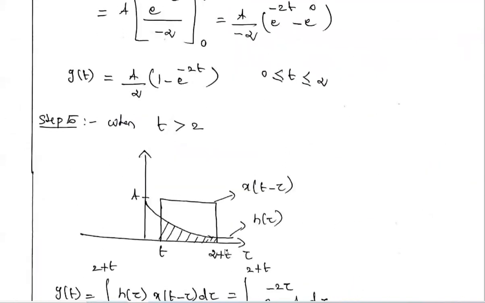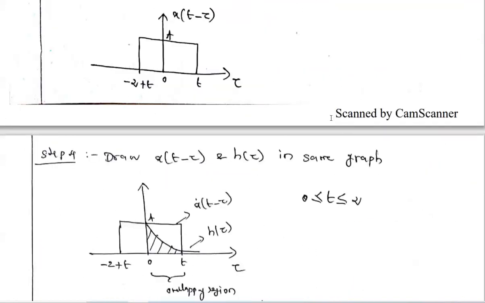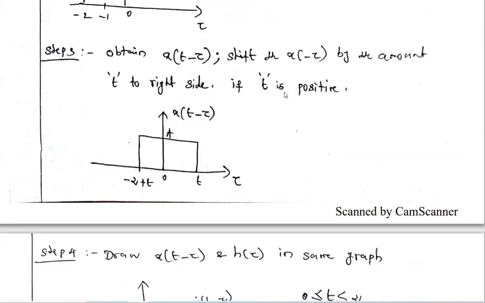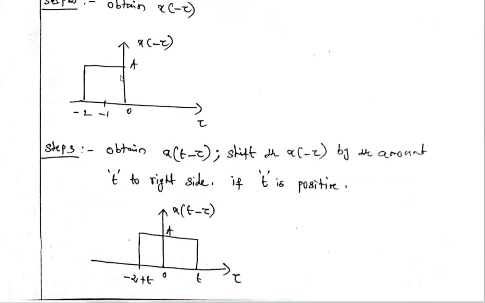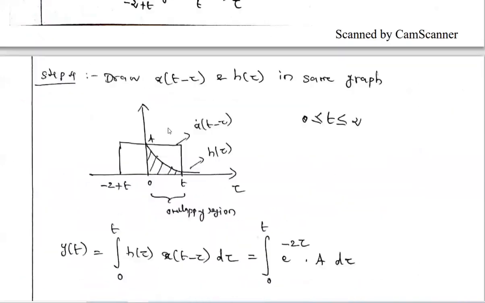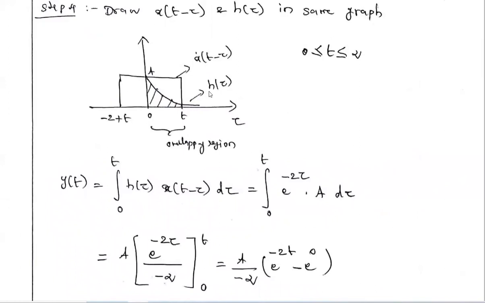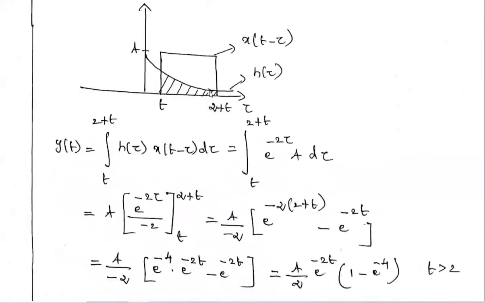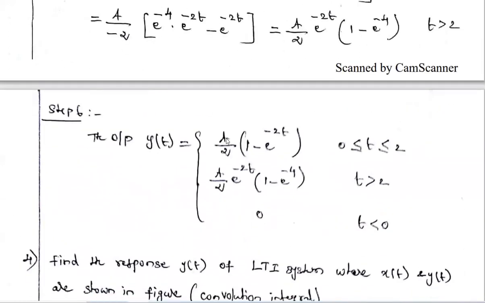Whenever this amount of shift t is less than 0, that means negative shift. Negative shift means this x of minus tau you shift to negative direction. So at the time there is no overlapping between x of t minus tau and h of tau. So there is no overlapping region. That's why the output y of t is 0.